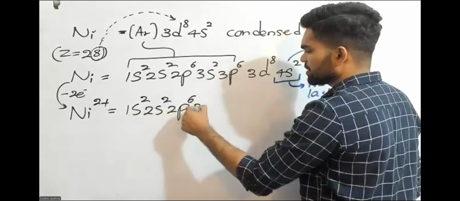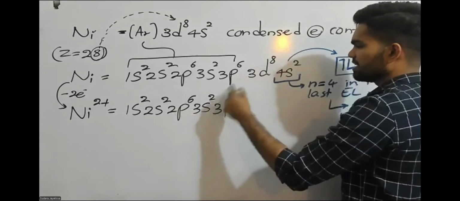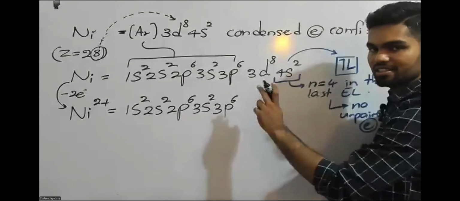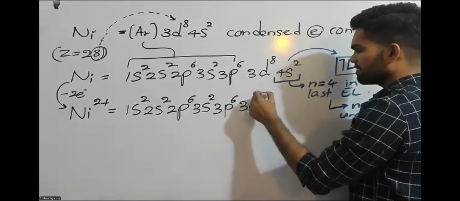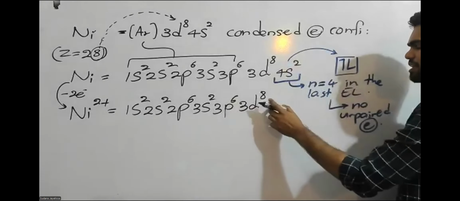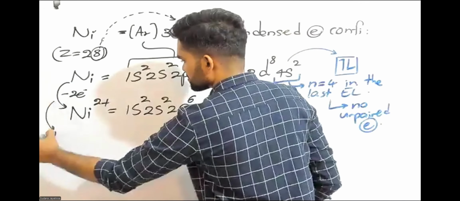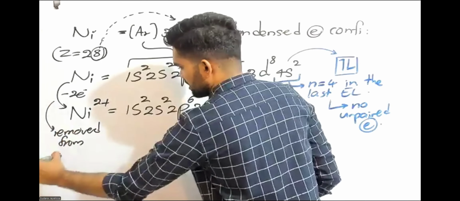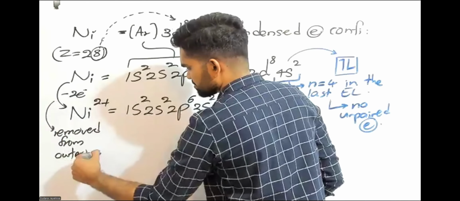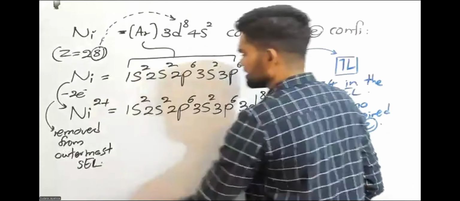So remember, always when you are asked to write cation electronic configuration like this, write the element first, okay, then remove electrons. Remember to follow that one. So now the configuration is this one. Electrons are removed from the outermost sub energy level.